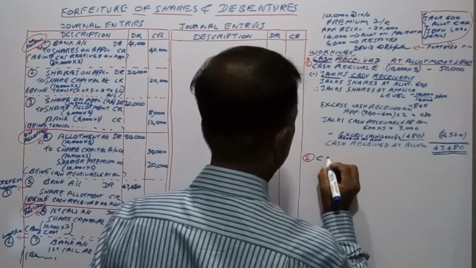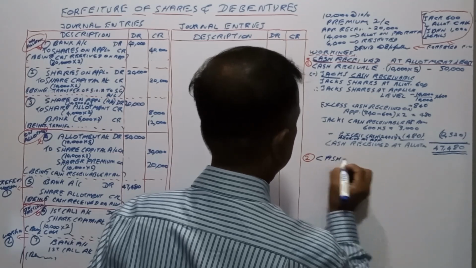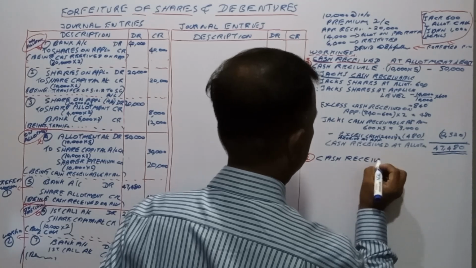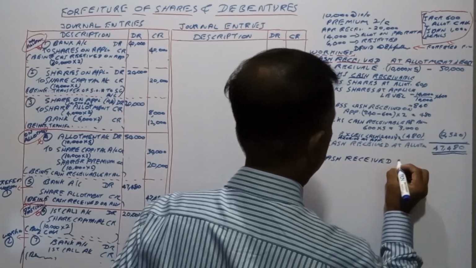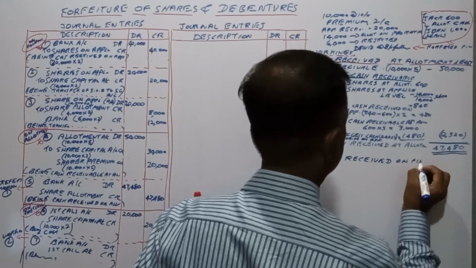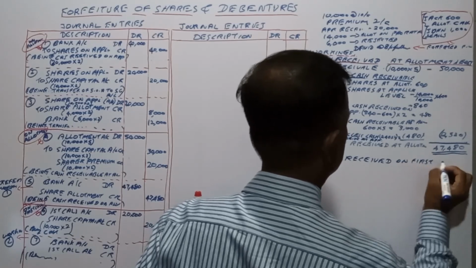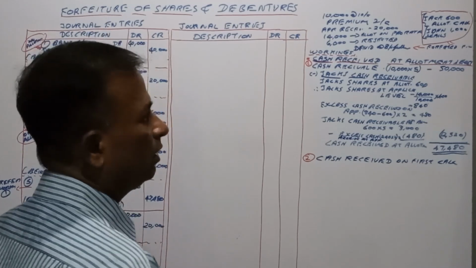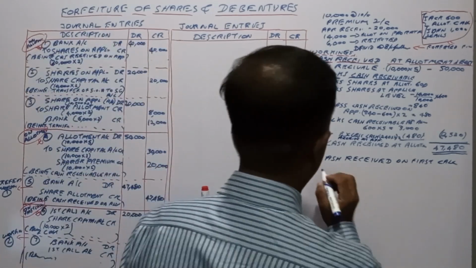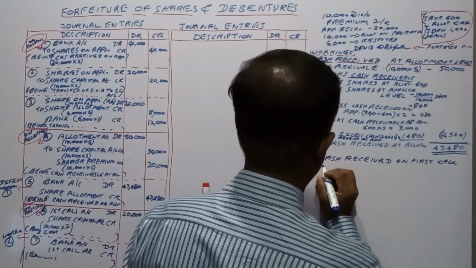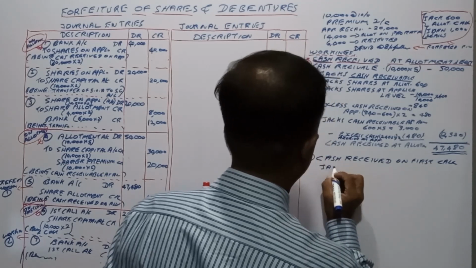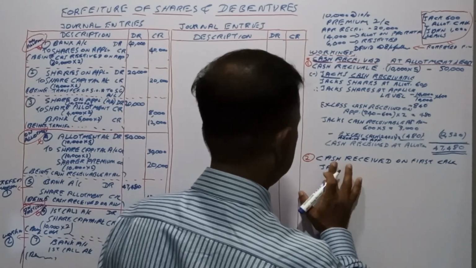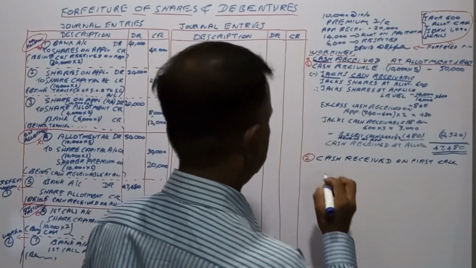First call, cash received on first call. Cash received on first call. At first call, right? On the first call, cash receivable at first call.